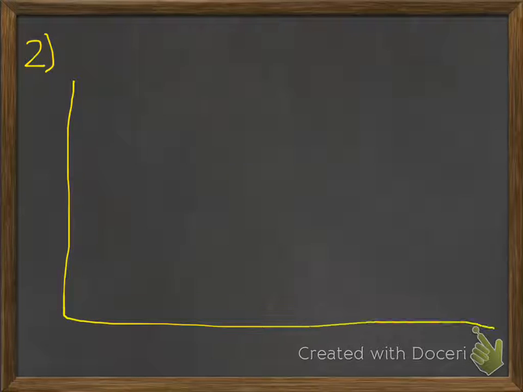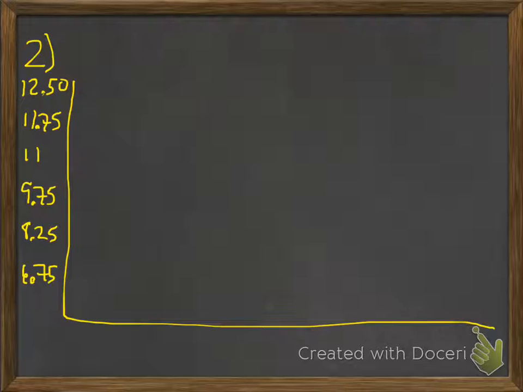Just keep it simple. Let's say here 12 and a half, 11.75, 11, 975, 825, 675.